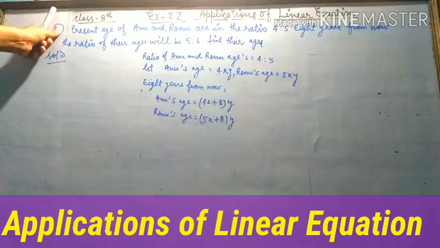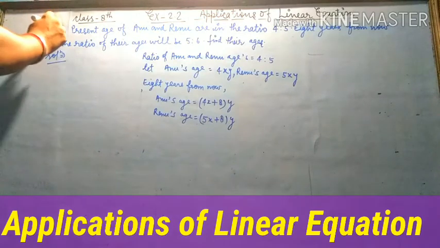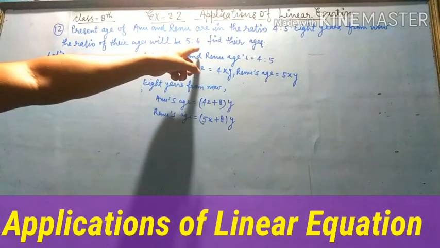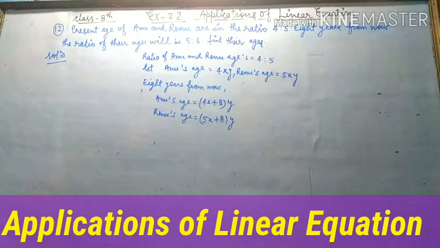Question number 11 and 12 are the same. So I am solving 12, 11 you will solve yourself. The present ages of Anu and Renu are in the ratio 4:5. Okay. 8 years from now, means 8 years later or after, the ratio of their ages will be 5:6. Find their ages.